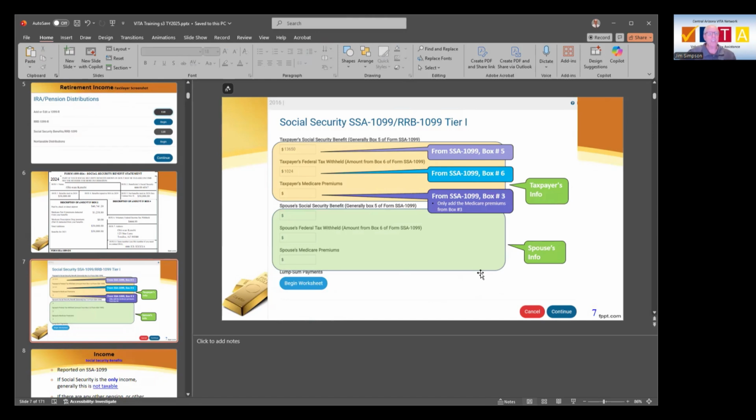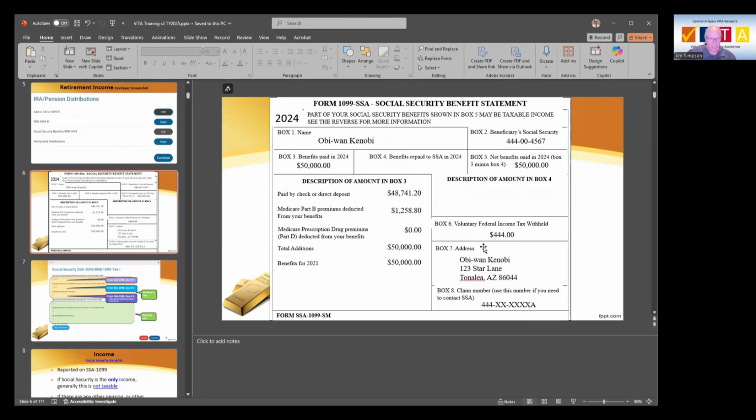So this is a screen in TaxSlayer when you click on Social Security, SSA 1099. Here you'll have two sections, one for the taxpayer and one for the spouse. It tells you right here, taxpayer Social Security benefit, generally box 5. Just put in what's in box 5. And then it'll say if there was withholding tax. Let me go back up there because see here in box 6.